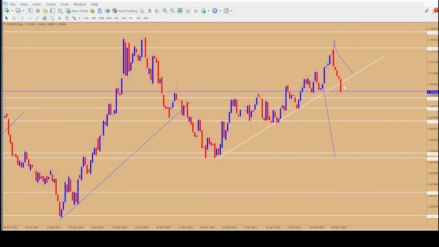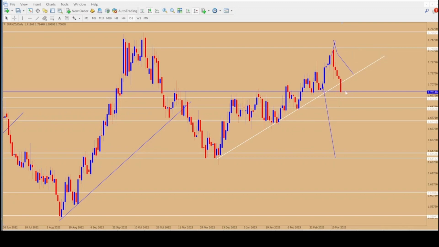So what I will look out for is if we get a significant bullish, do not just trade anything that looks bullish in this kind of area. Let it be significantly bullish, right? If you see a significantly bullish close above the 1.7014 area, then we might see market prices go back to the 1.7405 area.